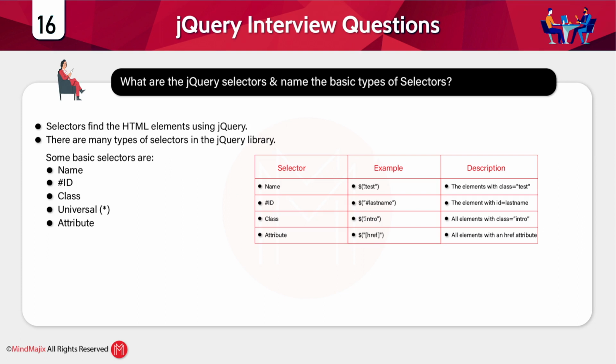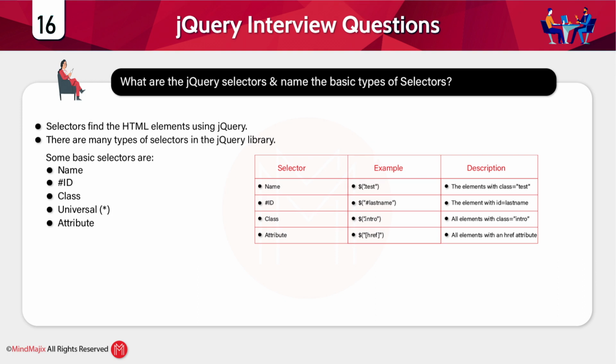So the next question is, what are the jQuery selectors? And name the basic types of selectors. The selectors find the HTML elements using jQuery. There are many types of selectors in the jQuery library. Some of the basic selectors are: you can select using the element name like div, p, h1.